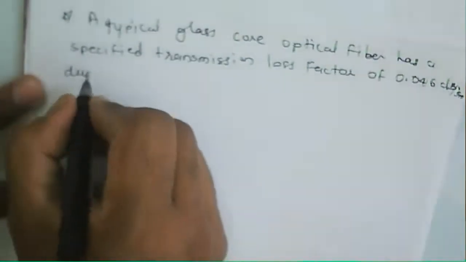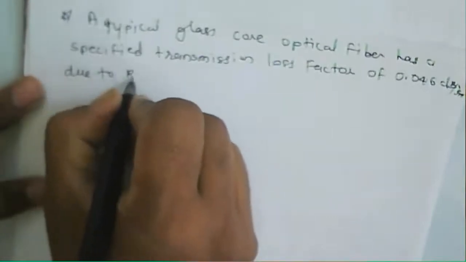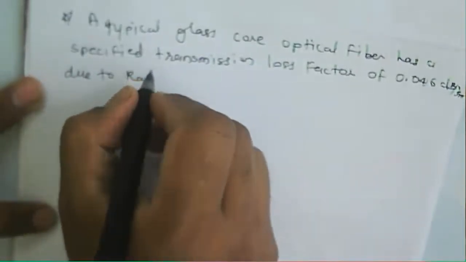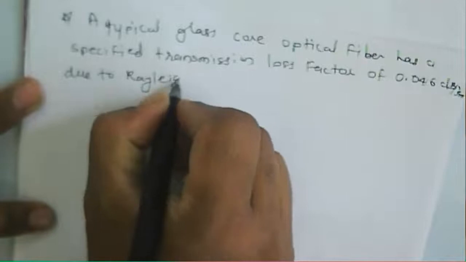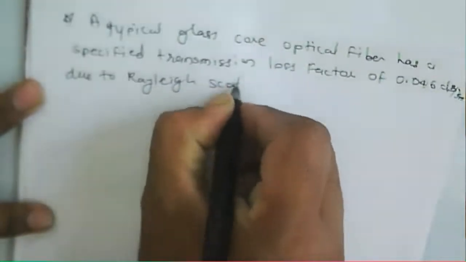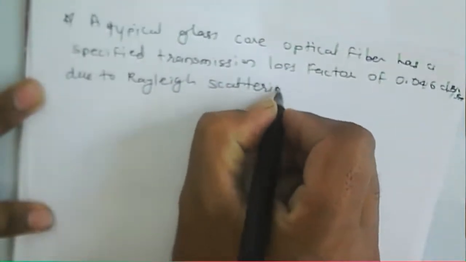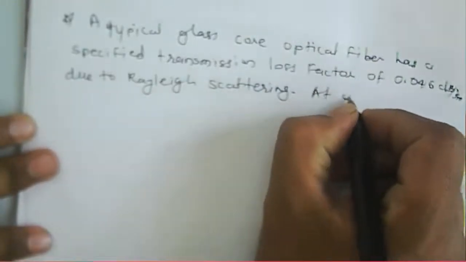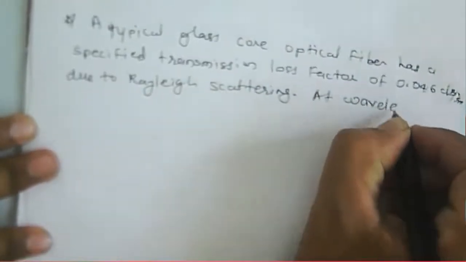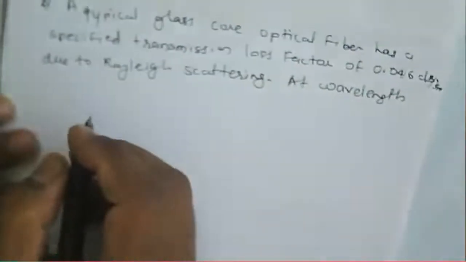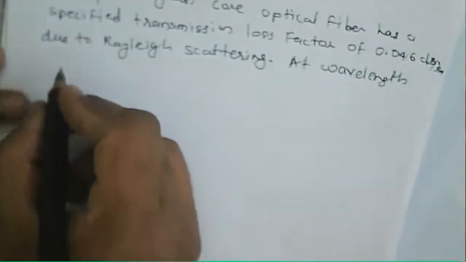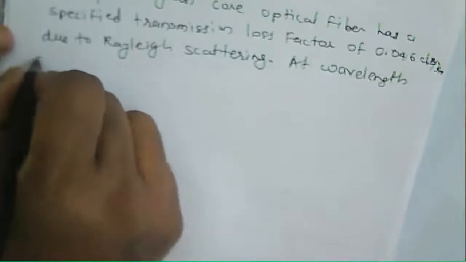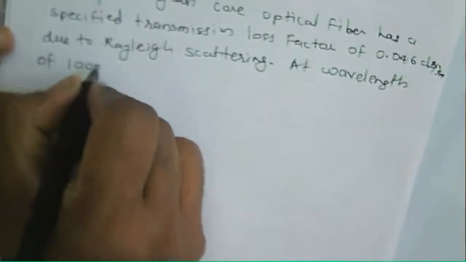That loss factor is due to Rayleigh scattering at a wavelength of 1000 nanometer.